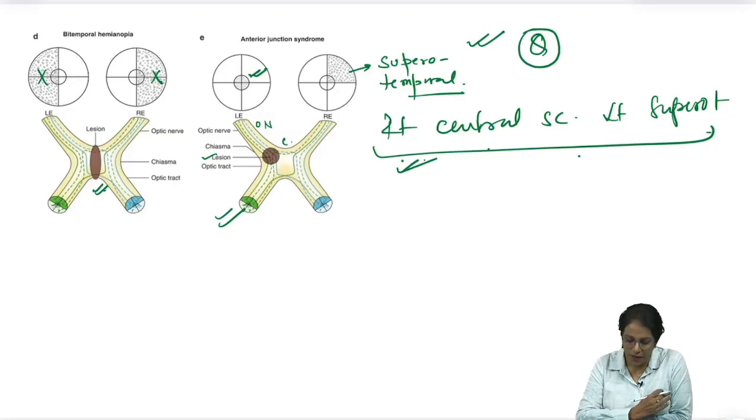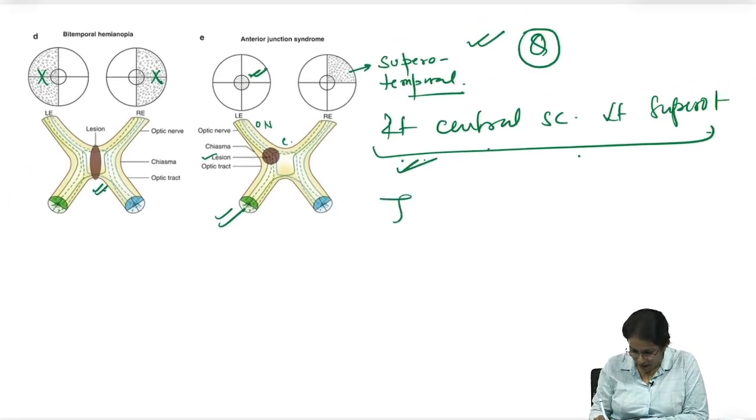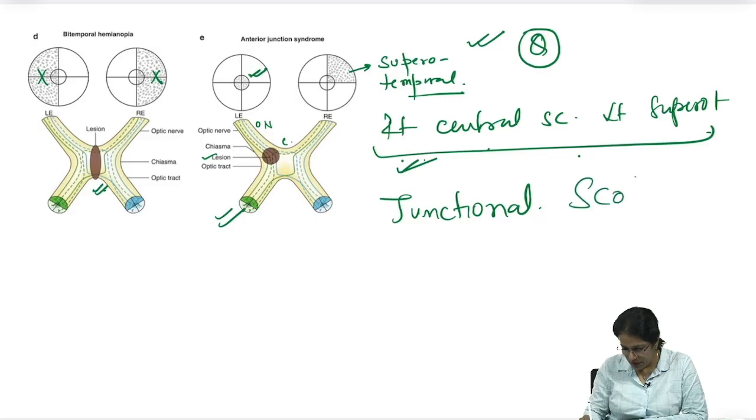Okay? So, this is anterior junction syndrome because it is at the junction of the nerve and chiasma. And what is the other name of this condition? We call it junctional scotoma of Traquair. Traquair is the name of a person.